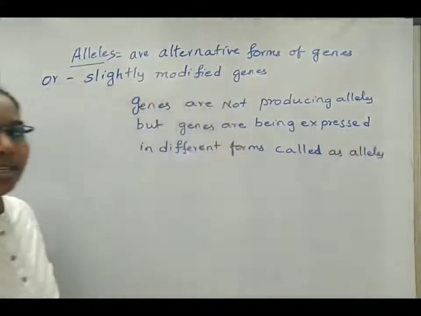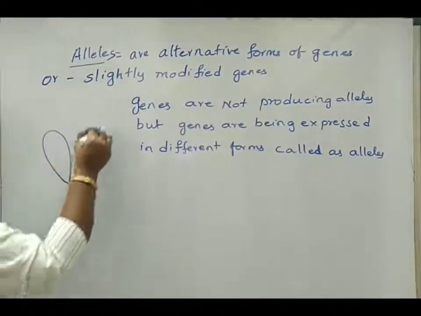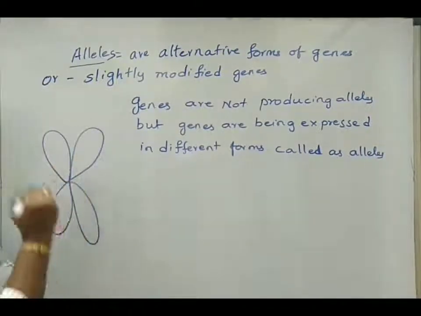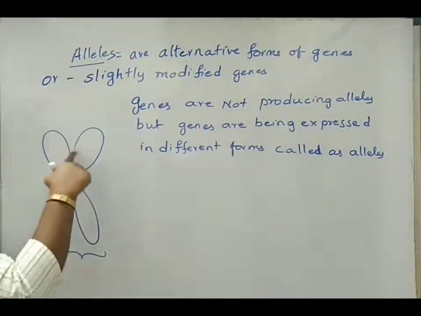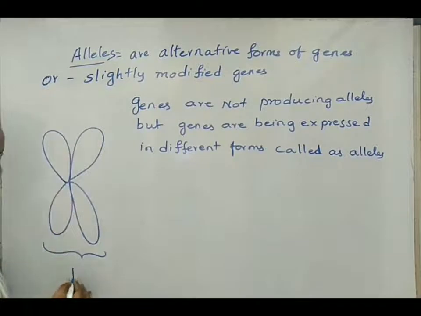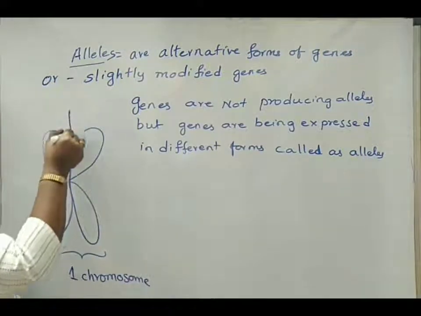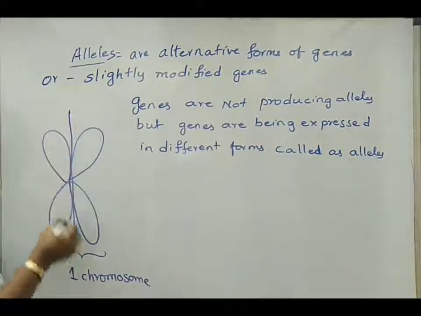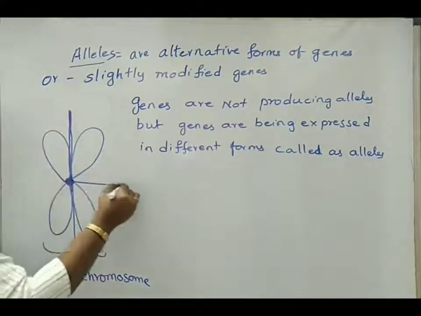Now, what is the location of this gene or the allele forms? For suppose if we take the chromosome like this one, first of all I will give some labelings of this. This complete structure is called as one chromosome. Now, if we break this one vertically through the centromere, the middle part is centromere.